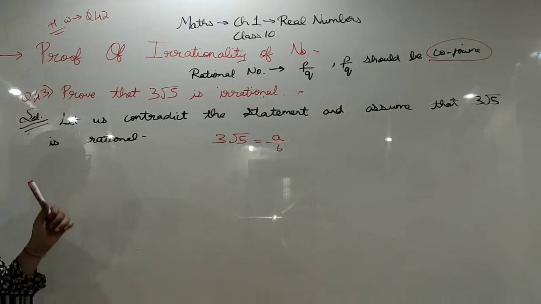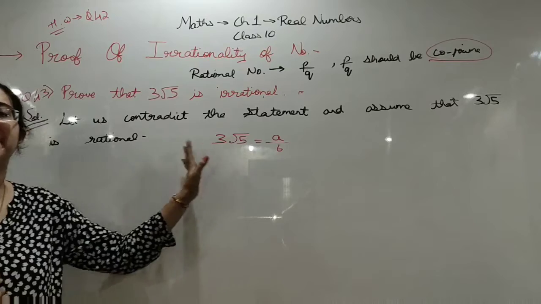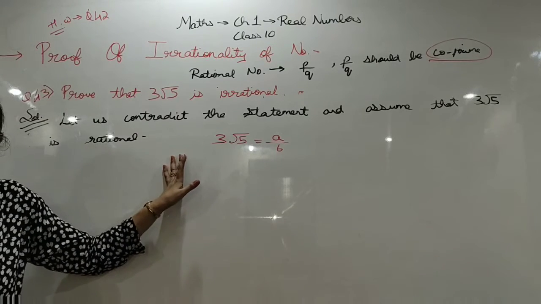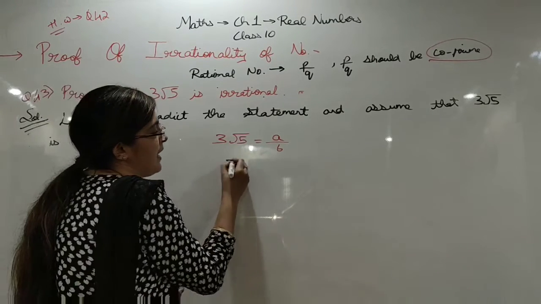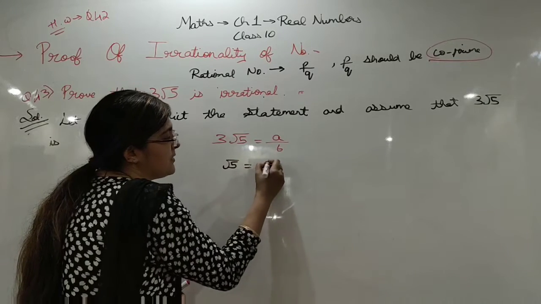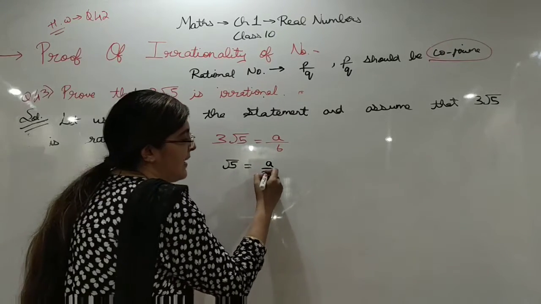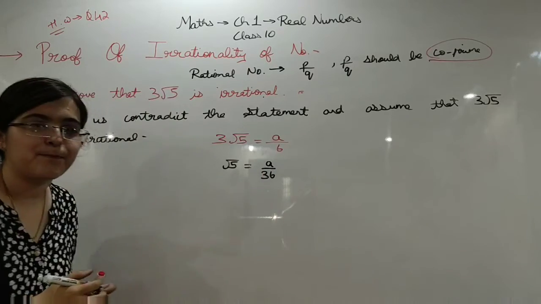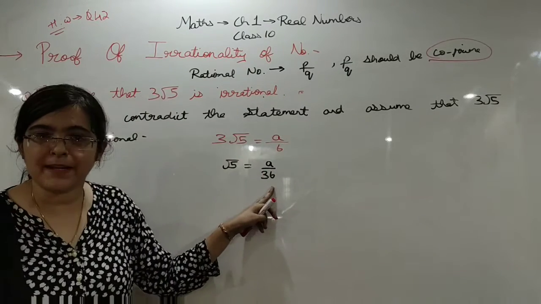Now what we will do, I have told you that whichever root is there, you keep it on one side. So it will become root 5 is equal to, the rest you all have to shift on the other side. What we have done, we have shifted 3 to the denominator.